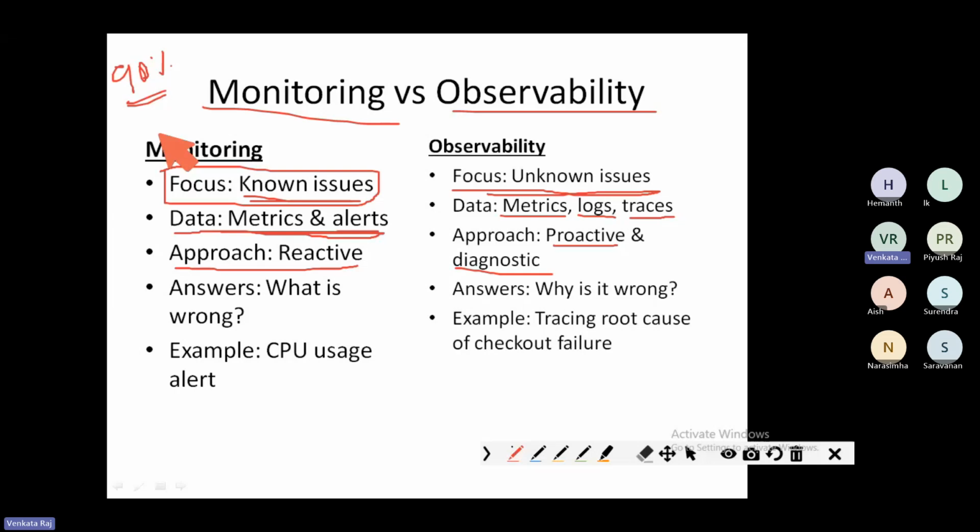Are you getting me? Or whether, because of that, other systems are impacted, whether the experience has deteriorated, whether the performance has deteriorated, you're not going and investigating them.